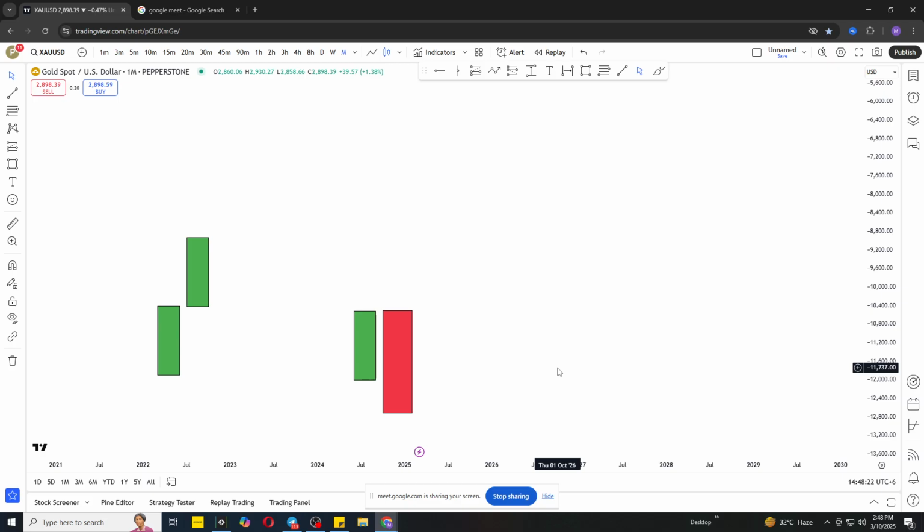Why? Because of the two different colors. So remember, everything in the chart is a combination, and a combination needs two different things. As a human, we need an opposite to fulfill our combination, and the same for the chart. For the chart, we need an opposite candle to fulfill our chart combination. Got it?